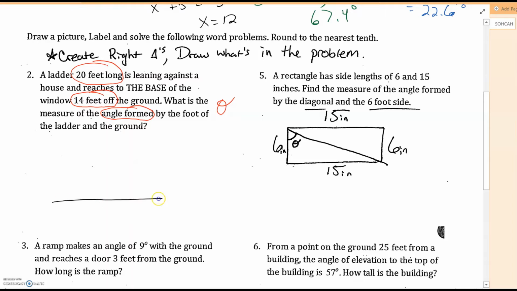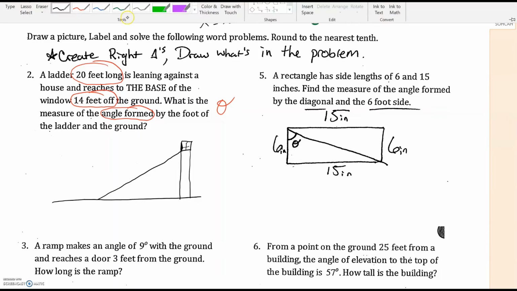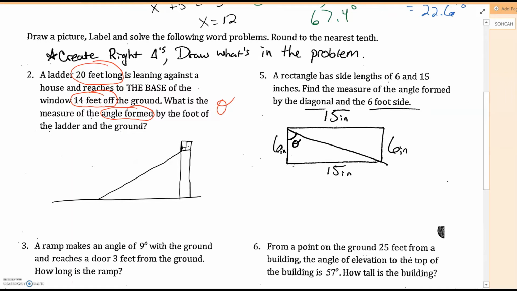All right. I've got my ground. Got my house. And I have a ladder here somewhere. Here's my wonderful little window. So this is the base of the window, somewhere up here. Okay. And so I'm going to have different sections. I'm going to see if you guys can get where it would be at.